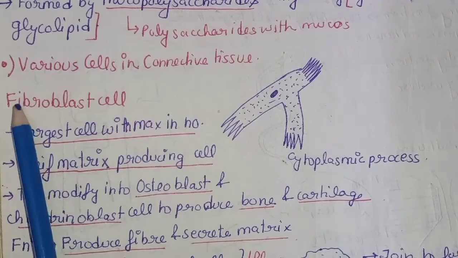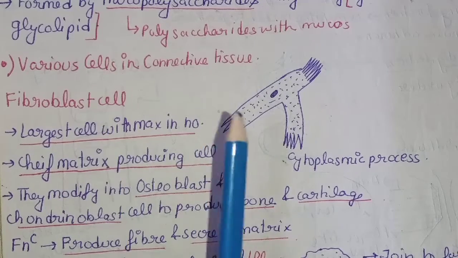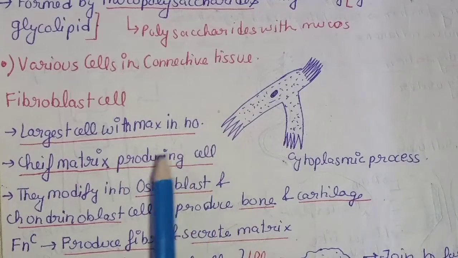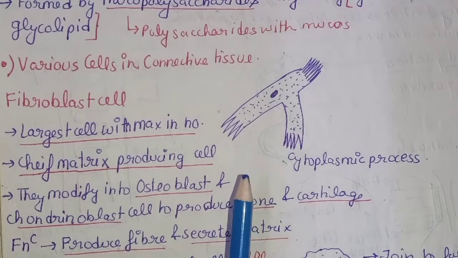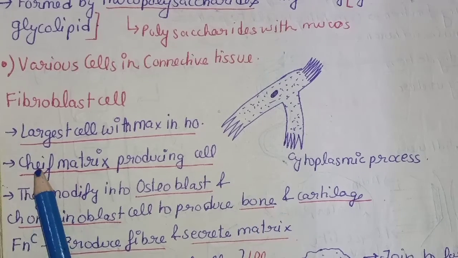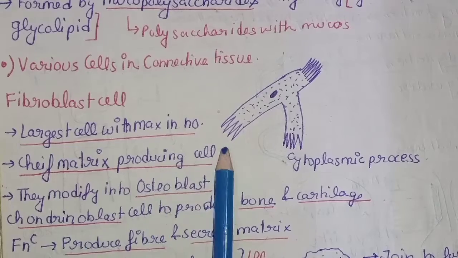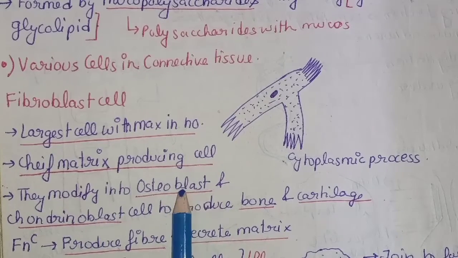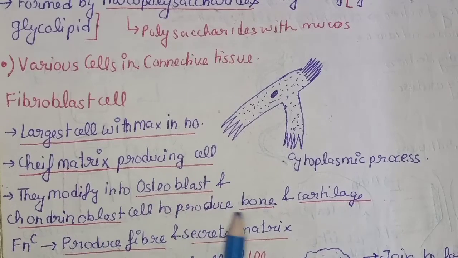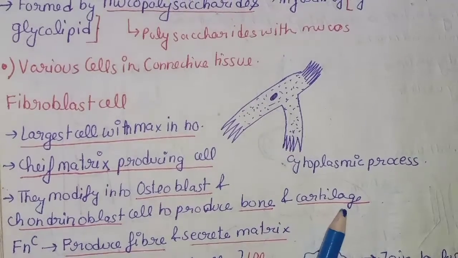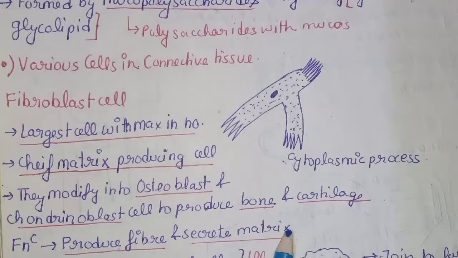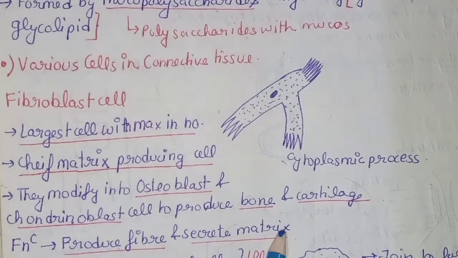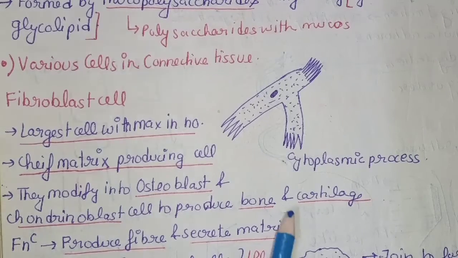That's why they are called fibroblasts, fiber secreting cells. They are rich in rough endoplasmic reticulum and also do protein synthesis. They are the chief matrix producing cell, and they modify into osteoblast and chondroblast cells to produce bone and cartilage. Their main function is to produce the fiber and secrete matrix. Hence, they are an important component of connective tissue.